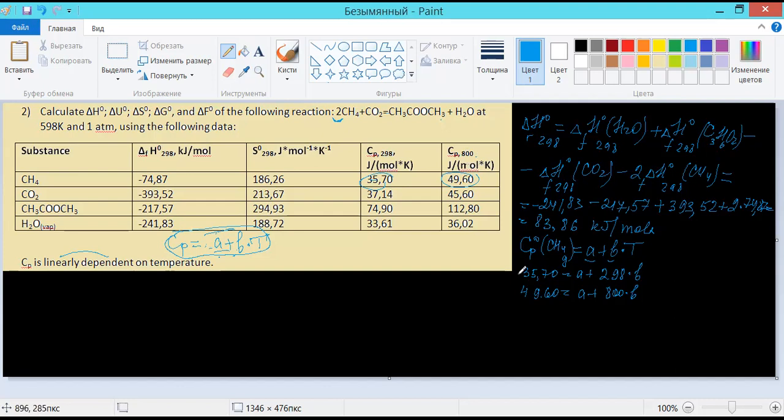And we've got a system of 2 linear equations, which allows us to calculate the values of A and B. I guess you know how to do that. I will write down these values. I have already calculated them.